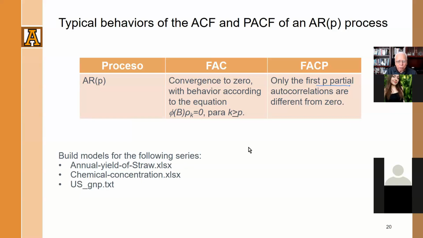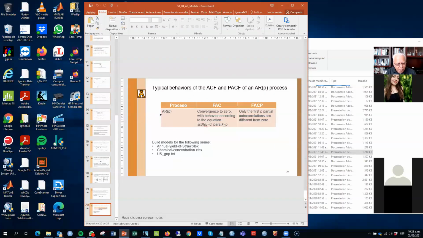In particular, let me make a brief comment here. This chemical concentration series, you're going to force it to be an AR model. There's a better model than a pure autoregressive model for that series, but we'll make sure that we only fit an AR model. I'll do the first one, annual yield of straw. So there's a script in Brightspace.